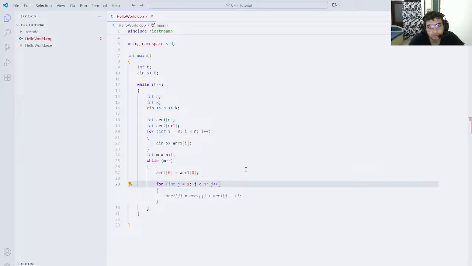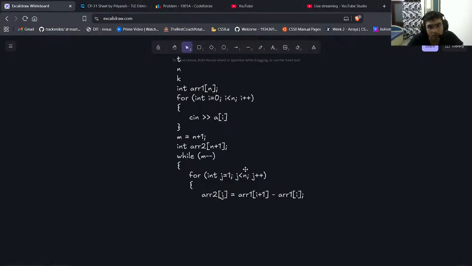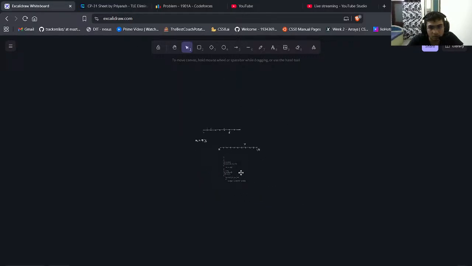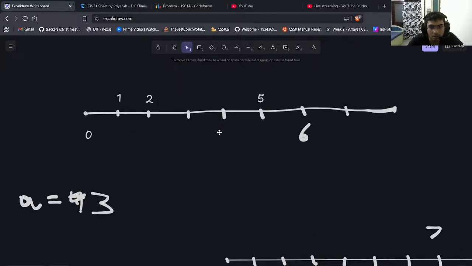Okay, because how many times will it run? Let's look at this. I'm just calculating in between these. So it is going to be n minus 1, not n or n plus 1, because I'm going to be calculating this separately and I have already calculated this separately.